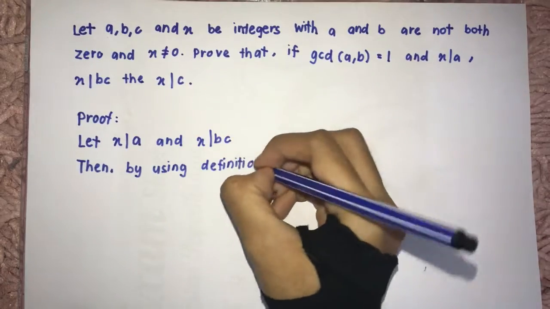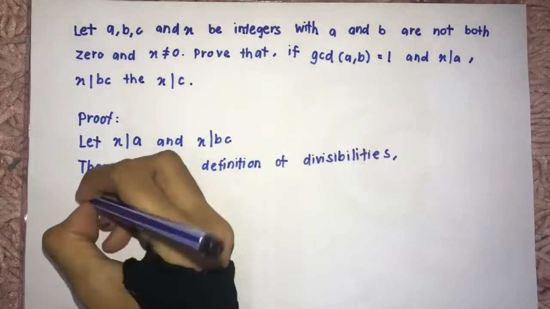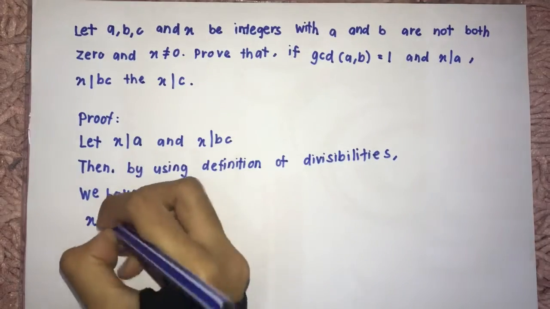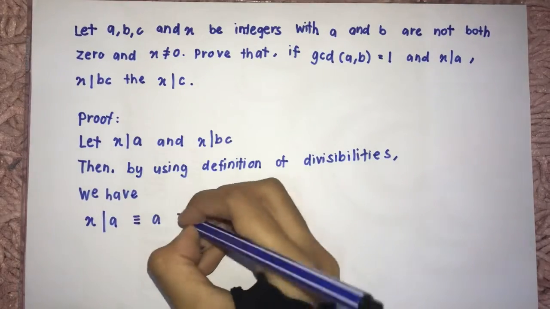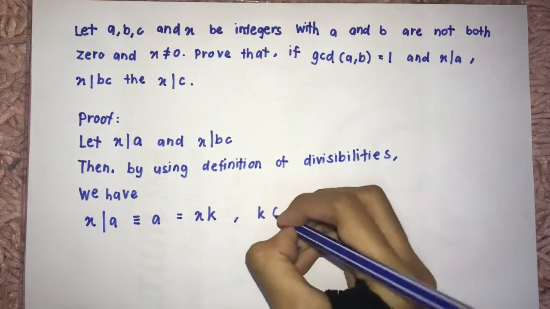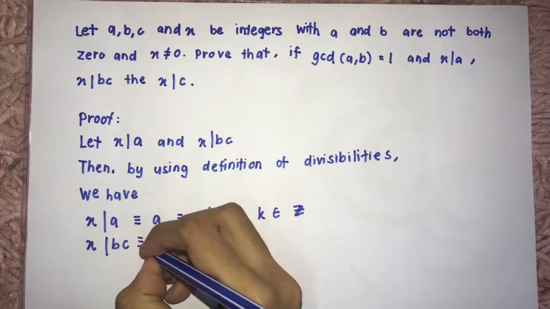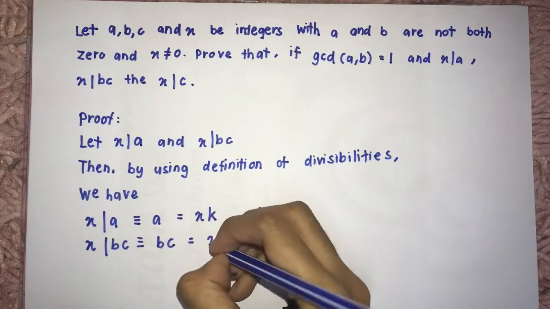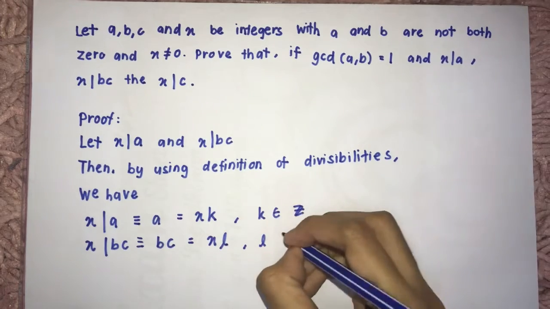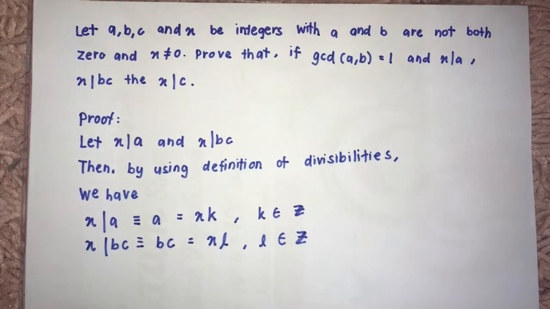Then, by using the definition of divisibility, we have x divides a, that is a equal to xk, k an element of integers. x divides bc, that is bc equal to xl, l an element of integers.